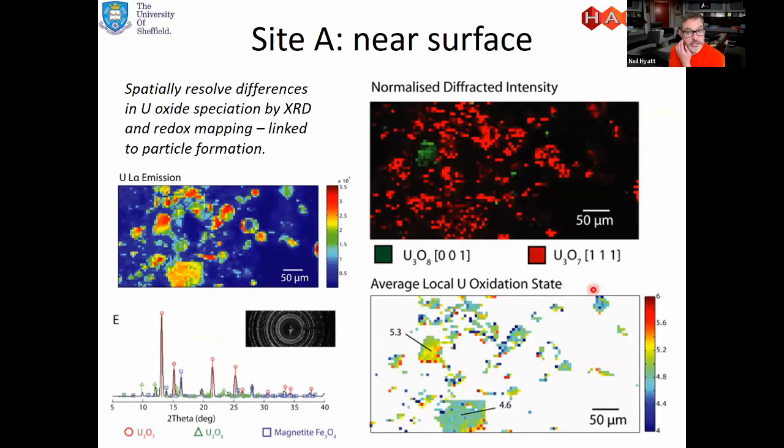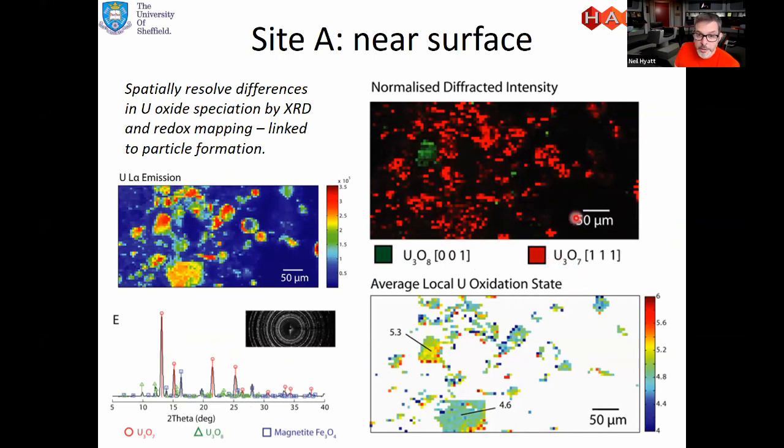So using XRD, we observed two different uranium oxide phases, U3O7 and U3O8. So we used phase or speciation mapping to resolve their spatial distribution. The oxidation of uranium dioxide, UO2, can proceed via U3O7 to U3O8. And so the distribution of these two oxide phases might give an indication of any potential weathering or alteration process.